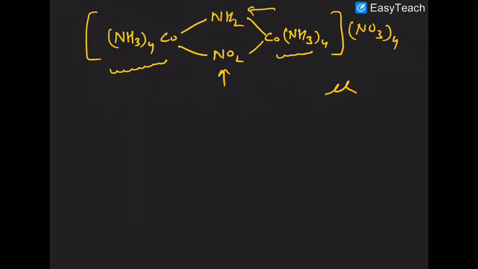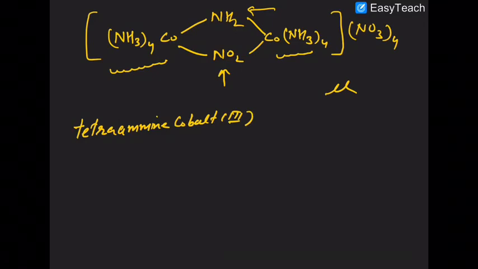First you name the left hand portion, then the right hand portion, then you name the anionic portion. Let's see. First is tetraamine cobalt 3. Overall, you will find out the overall negative charge and distribute equally on these 2 metals. The overall charge is -6: 4 on nitro, 1 on nitrito, 1 on amido.